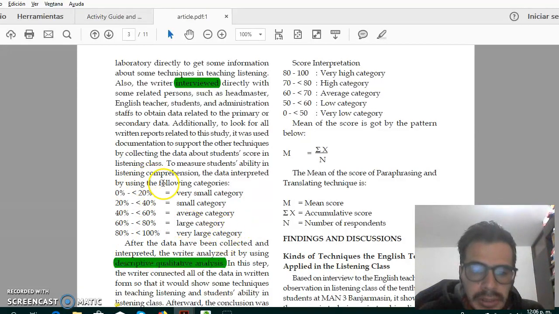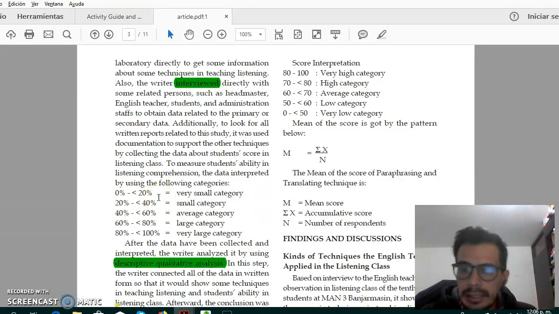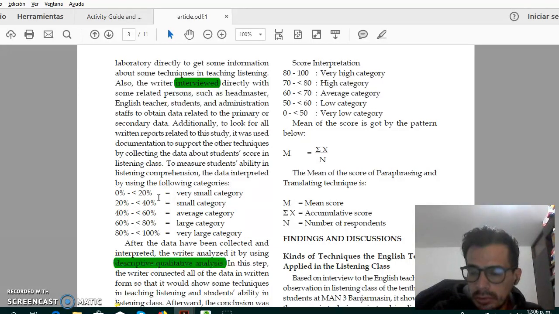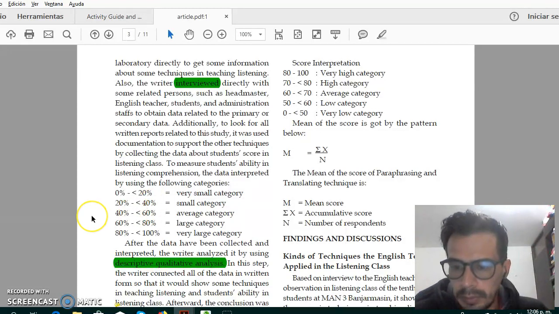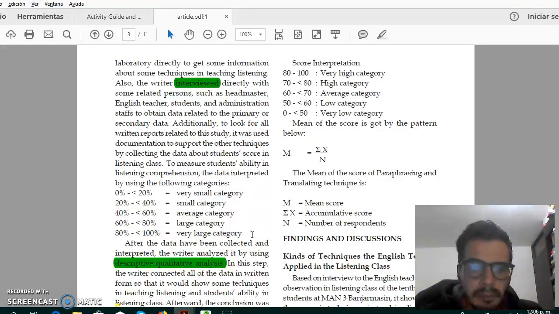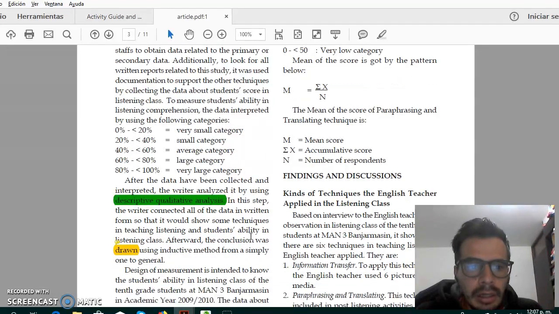With these categories, the researcher can classify the students in some category. In the next step, we can see how it is done by the author, the writer, the researcher.